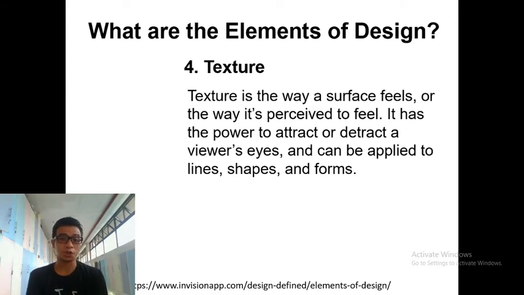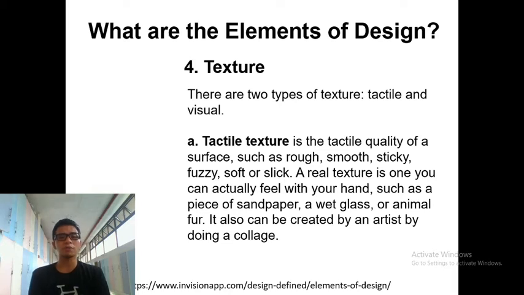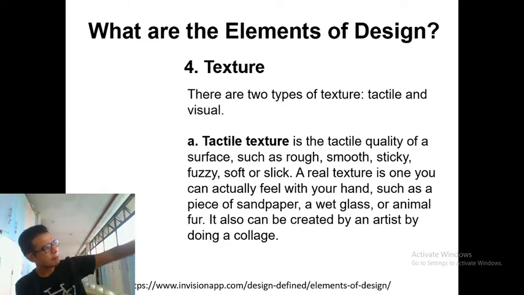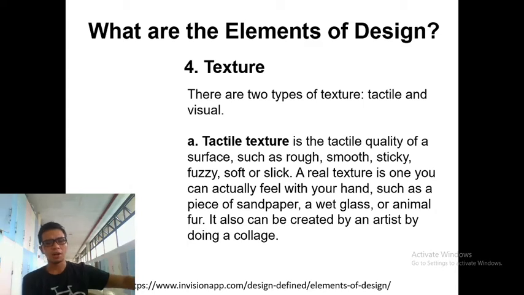No, that's texture. Now, there are two types of textures. Number one, we have the tactile and the visual. Tactile texture is the tactile quality of a surface, the actual quality of the surface. It can be rough, it can be smooth, it can be sticky, it can be fuzzy, it can be soft or slick, no?